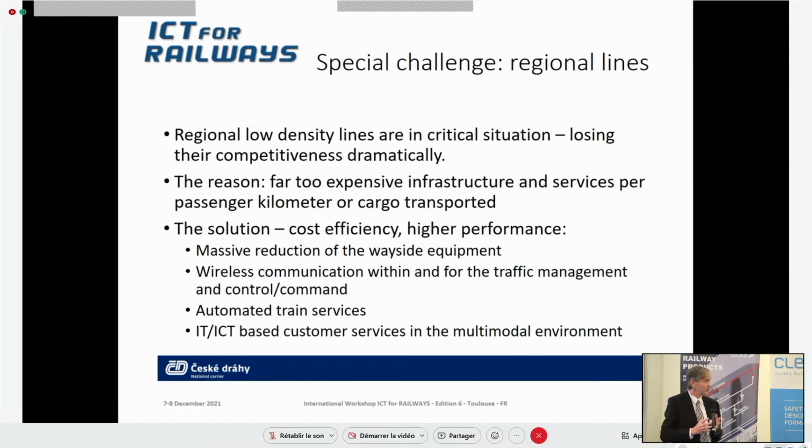So again, there we need to reach a massive reduction of the costs. And those figures that Severan has shown about the 30% reduction of CAPEX and OPEX are perfectly correct. We have to go even lower than that if we want to be competitive vis-à-vis the road.